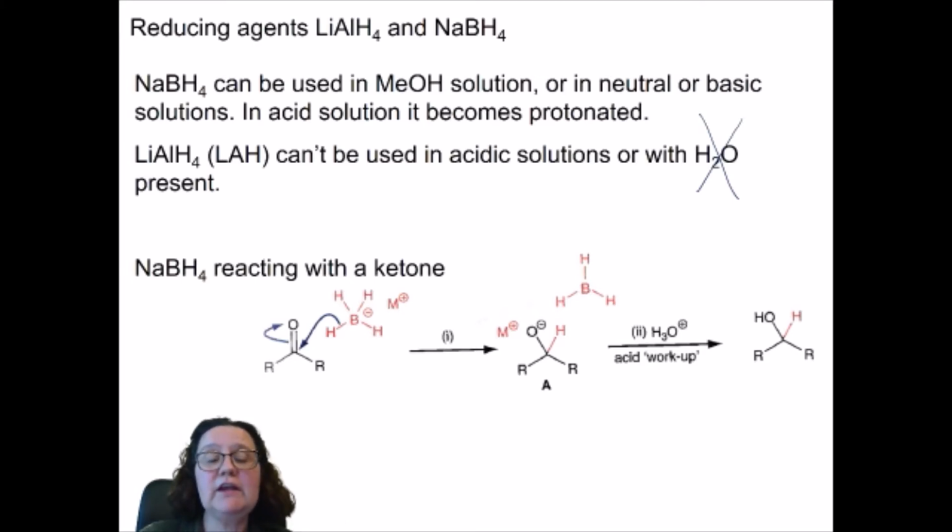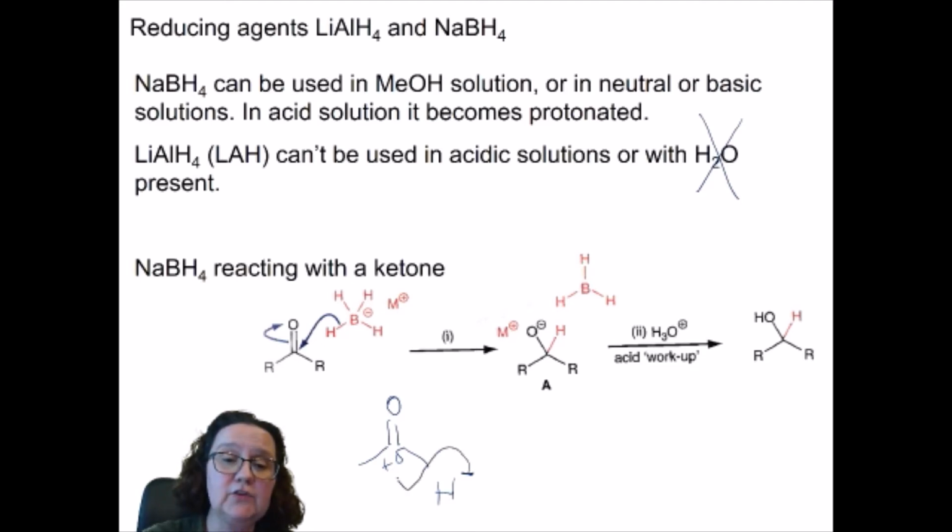In this slide, we have an example of sodium borohydride reacting with a ketone. So if you imagine your ketone and the partial positive charge sitting on the carbon of the carbonyl group, and you imagine your sodium borohydride releasing these hydrogen anions, this H minus, the negative charge of the hydrogen can attack the partial positive charge of the carbon in the carbonyl group and displace the double bond of the carbon-oxygen bond.